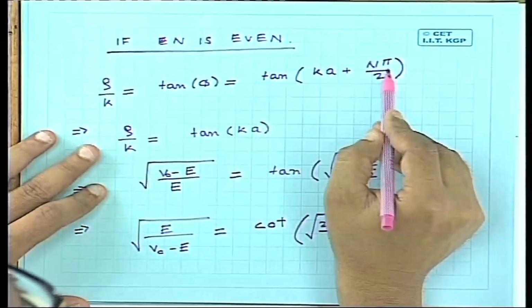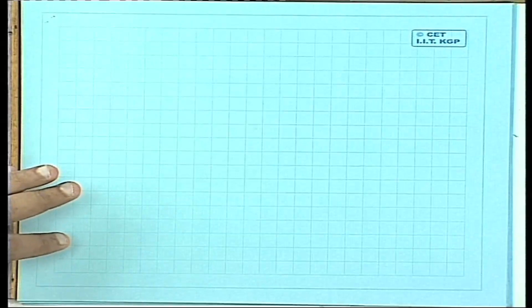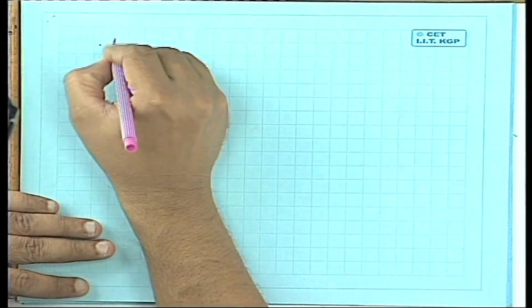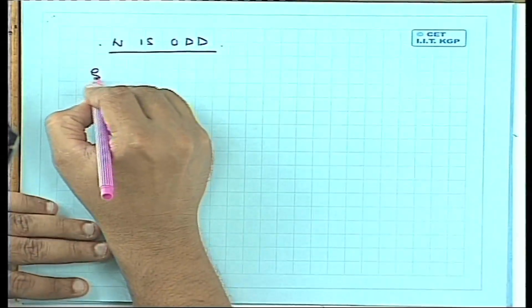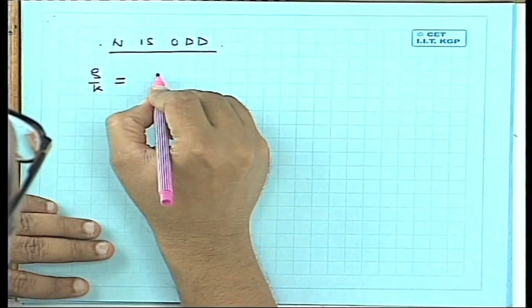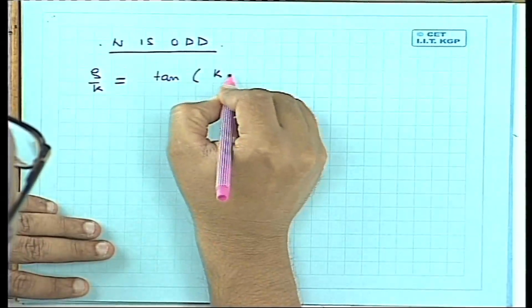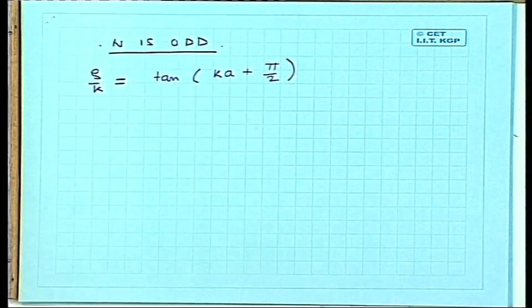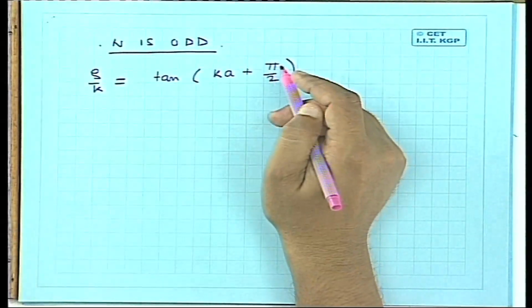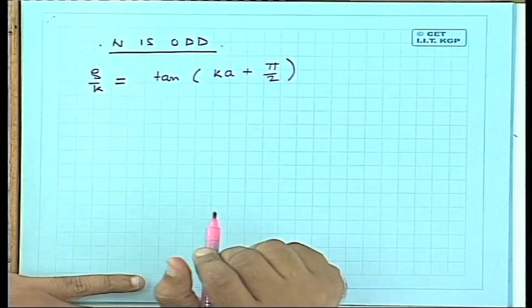Now let us also see what happens if n is odd. So if n is odd, we have to just consider this equation again with this n being odd now. So we have rho by k is equal to tan ka plus pi by 2. And then if n is 1, then it is pi by 2, n is 2, it will add another pi to it, etc. It won't make a difference.